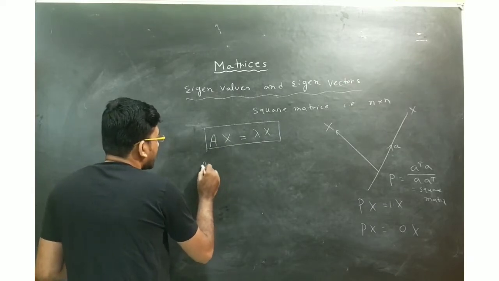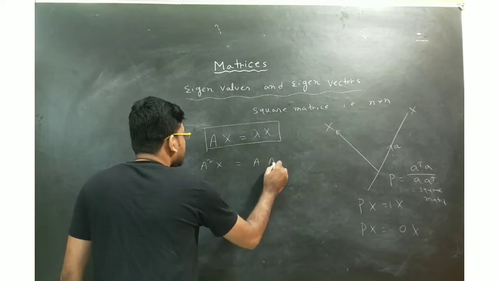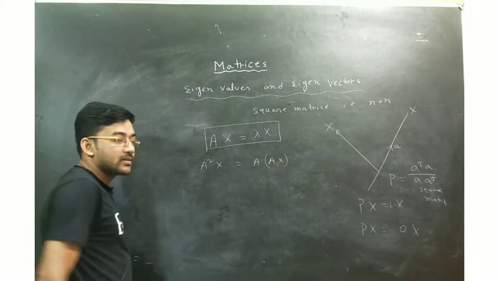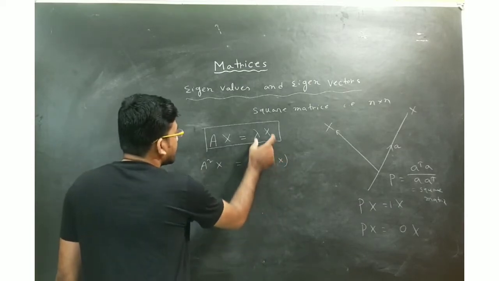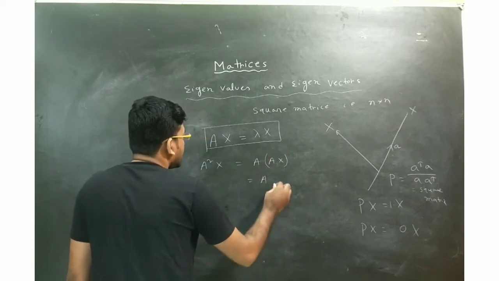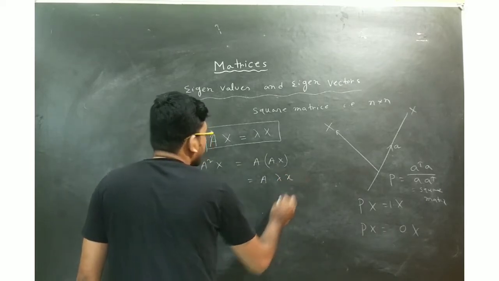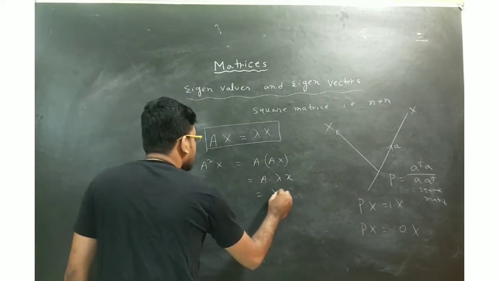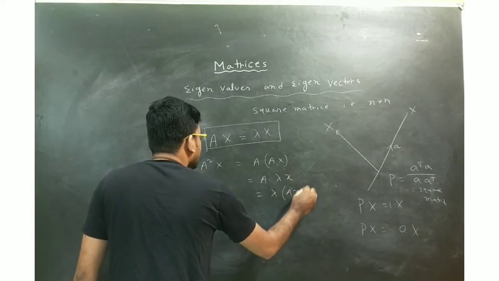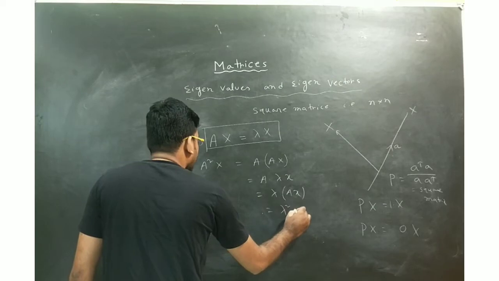So if you have A square x, you can write it in this way, A into Ax, and now this Ax is nothing but lambda x, so this is A into lambda x. Okay, now again if you write it in this way, lambda into Ax, then this Ax is again lambda x, then you will get lambda square x.